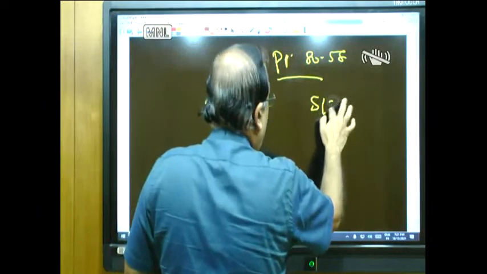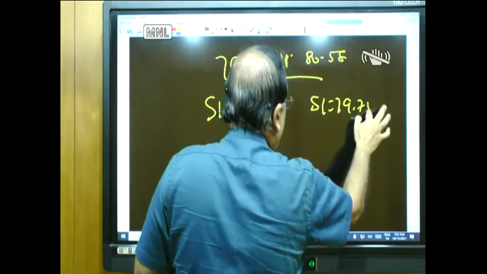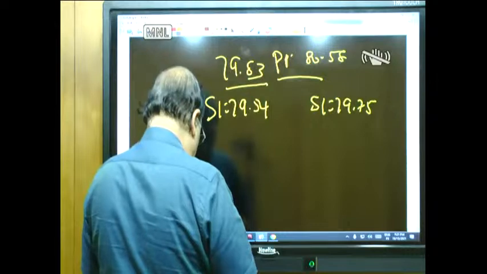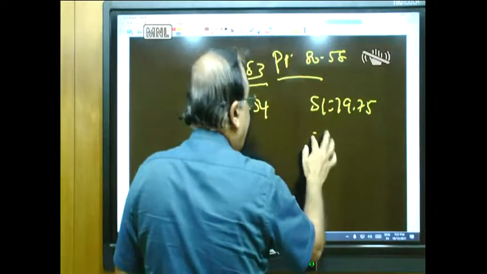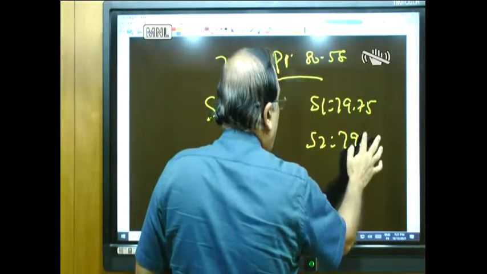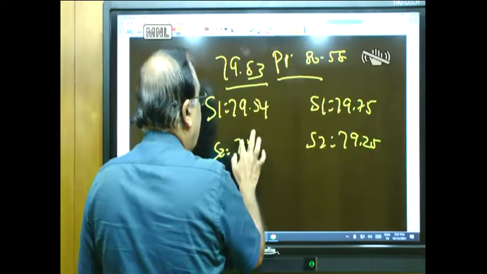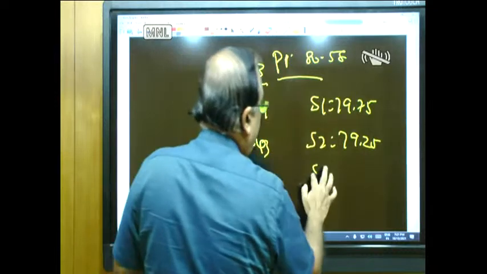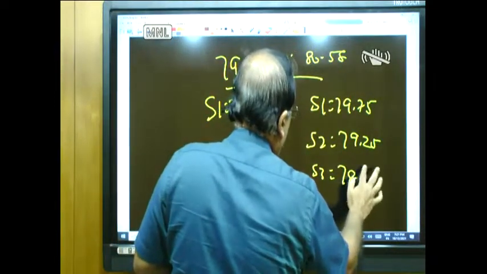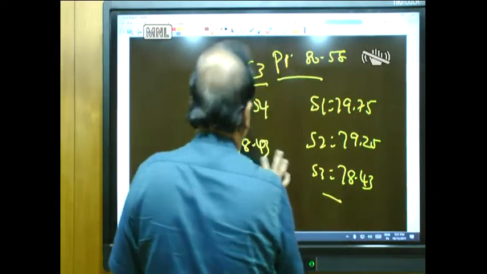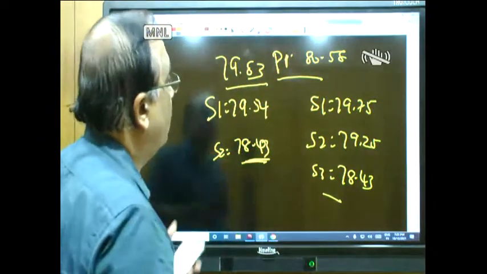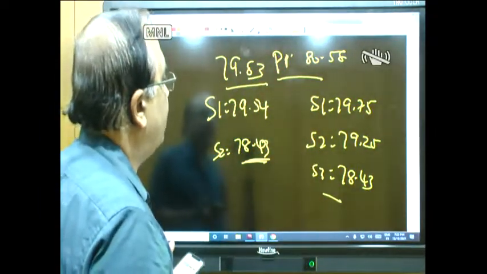In the case of the Fibonacci pivot it is 79.75, right? S2 here is 79.25. Okay, S2 here is 78.43, and that is going to be the S3 here. So there is a chance that it can slip up to this. Now it is going at 79.83 and slightly above this.